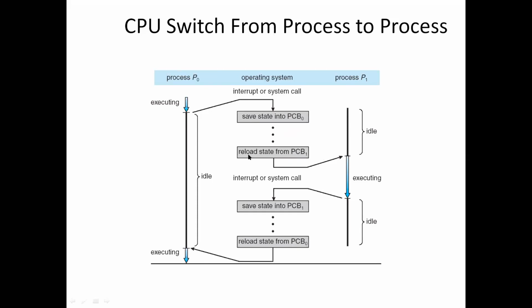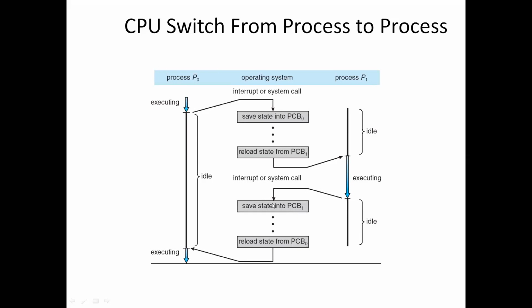It loads the state information of process 1 and then executes it. After execution, it again saves the state information of process P1 to process control block 1.